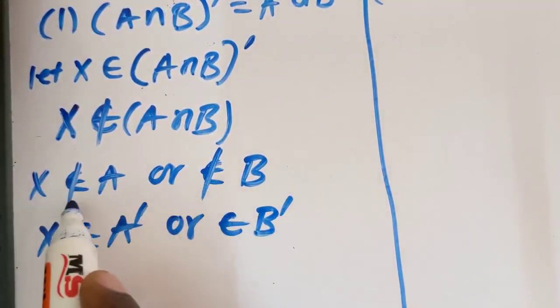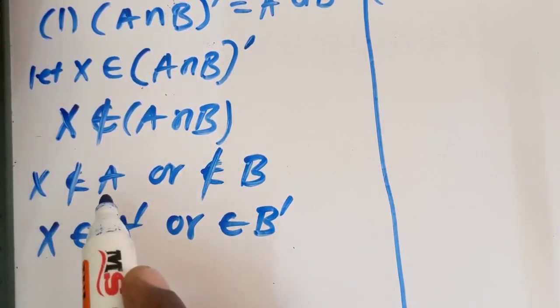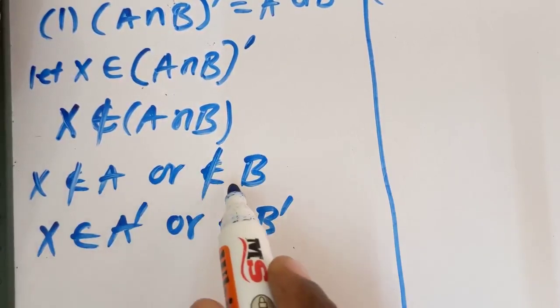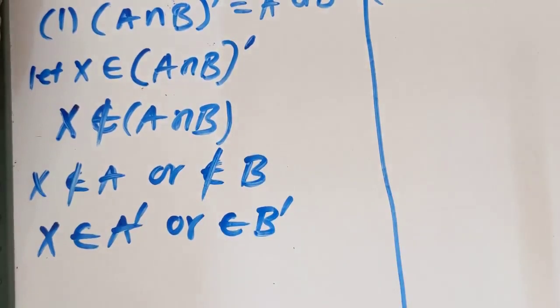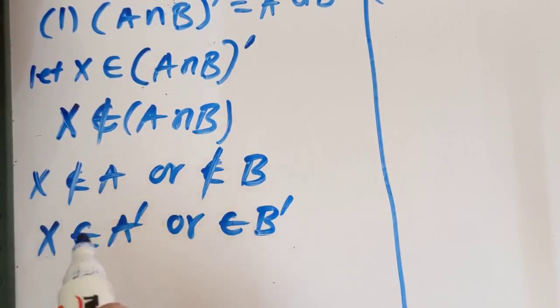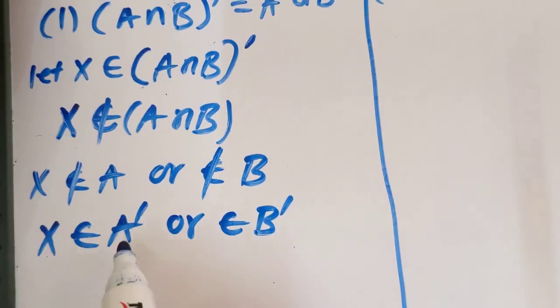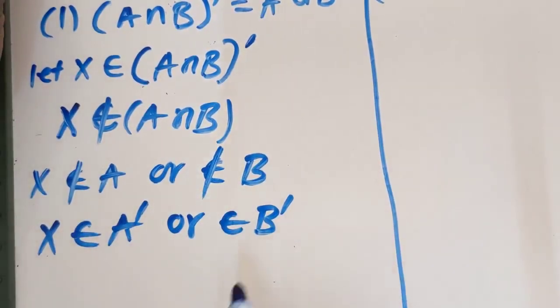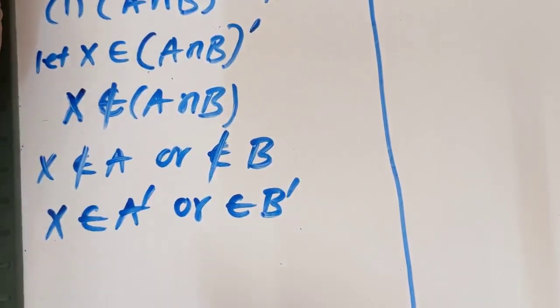This statement says X is not a member of A, or X is not a member of B. So this X is in A complement or in B complement. Now what does this mean?